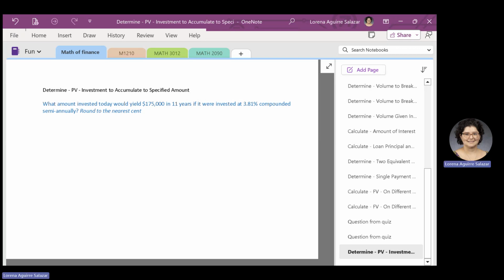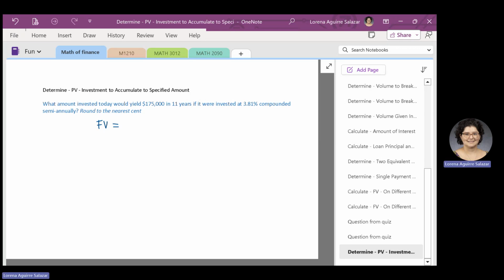So here in this problem, we have that a certain investment will yield an amount of money, so that's the future value of an amount. The accumulated value or maturity value is 175,000.